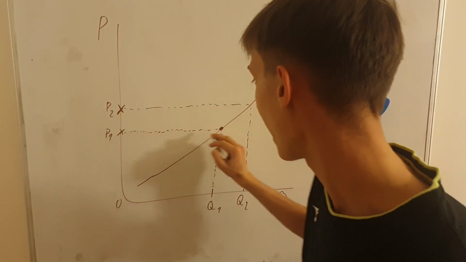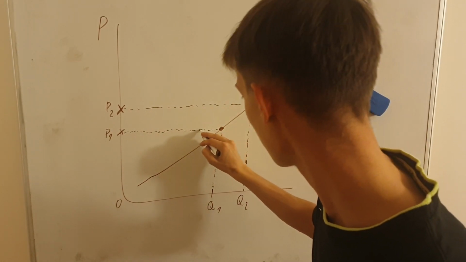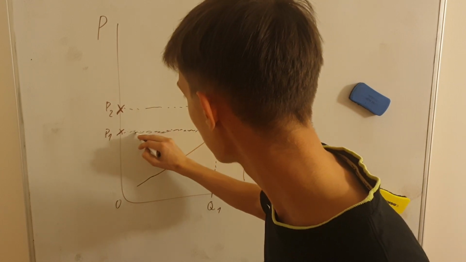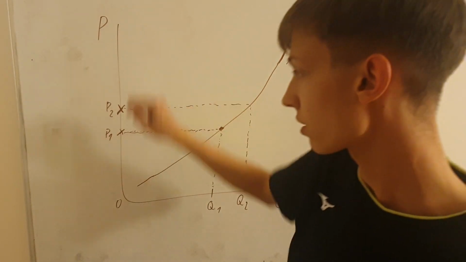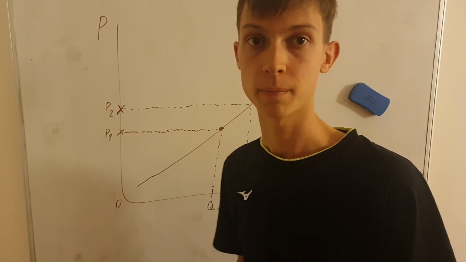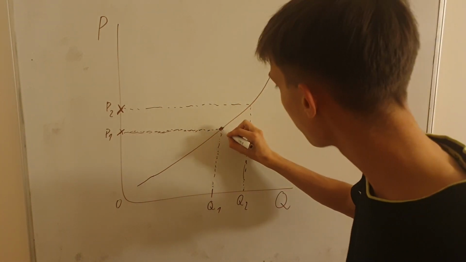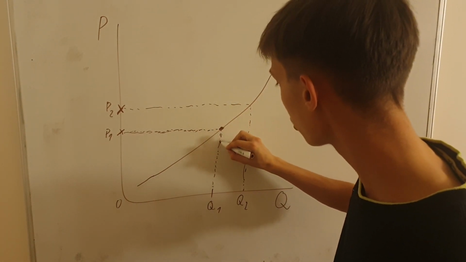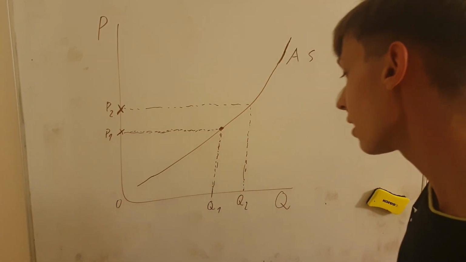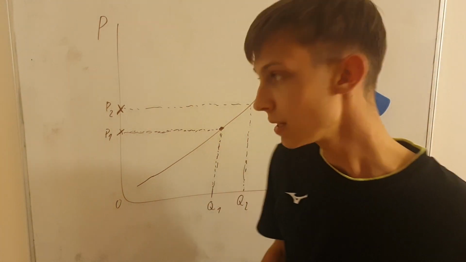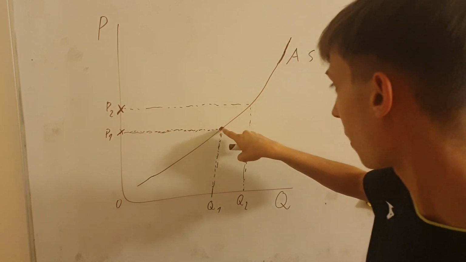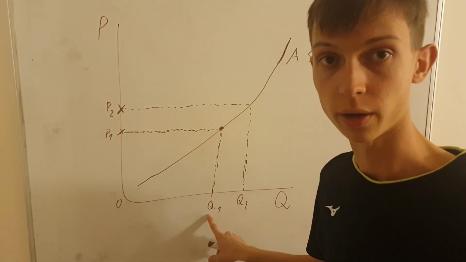Now, let's say we were at this point. If we make a projection onto the vertical axis, the price level axis, we appear at P1. And if we draw from that same point a vertical projection down to the horizontal line, we get Q1. That means at price level P1, there's a particular real output Q1.